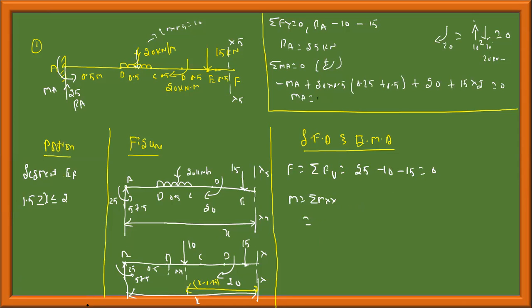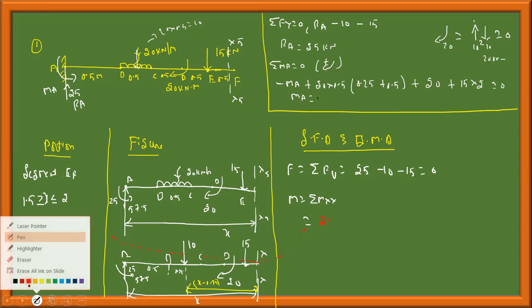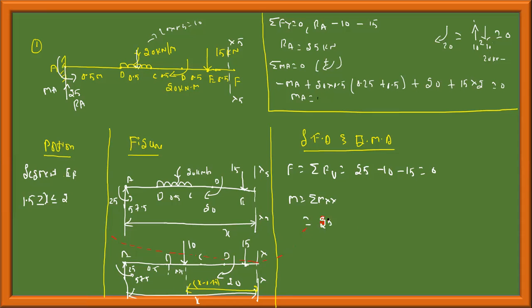This is bending the beam in this fashion about this point x, like a smiley face, so it is positive. The 57.5 moment resembles the case of anticlockwise, therefore this is negative: minus 57.5.